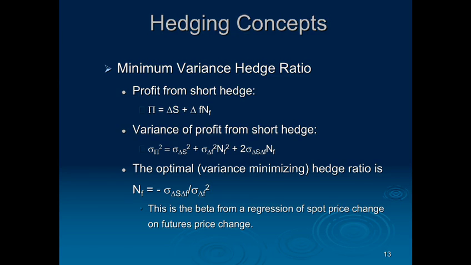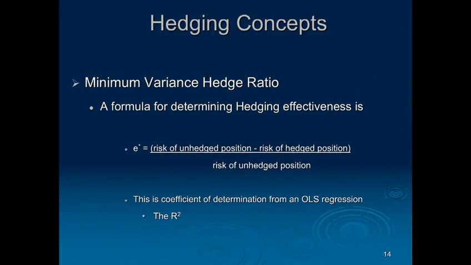Now, if you run a regression to calculate this value here, this is the explanatory variable. Then, when you run a regression, you'll also get output that contains the R-squared. The R-squared is the coefficient of determination, and it tells you how well your regression explains the data.